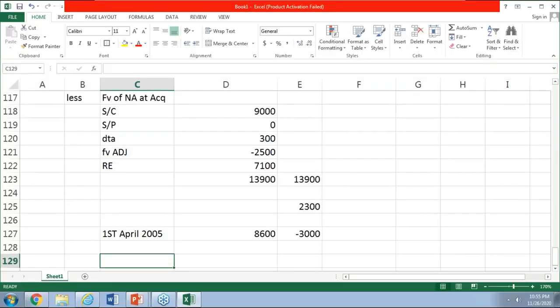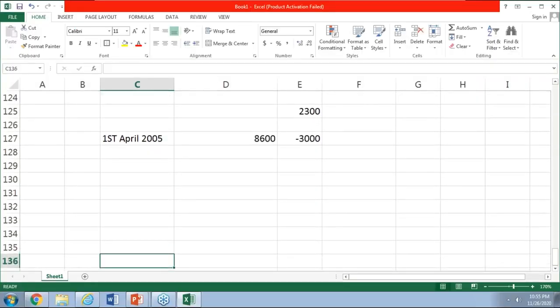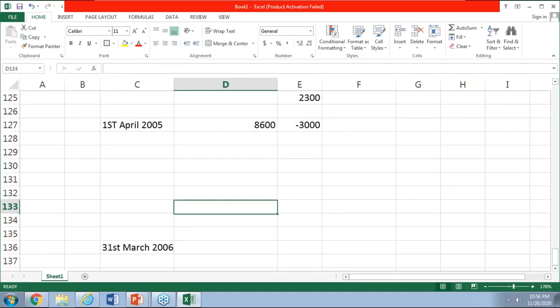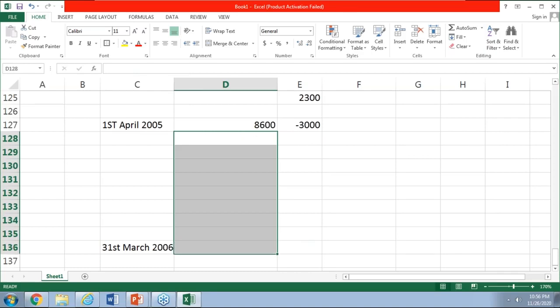8,600, and for the year ended 31st March 2006, after 12 months, the profit that you have earned in this period is actually minus 3,000. 3,000 is the loss that we have made in this period.